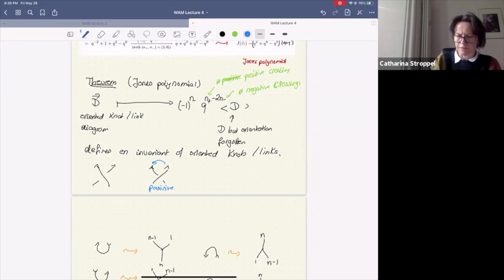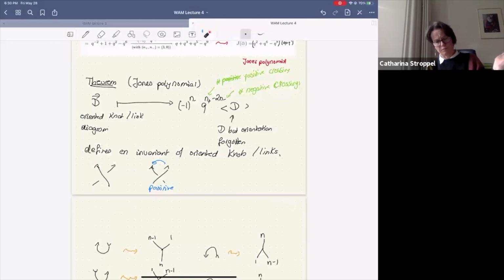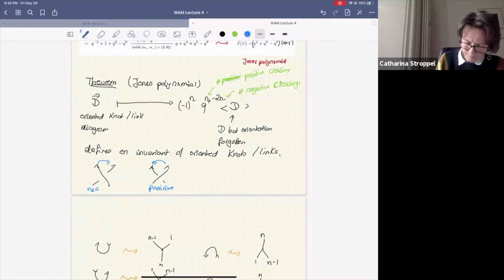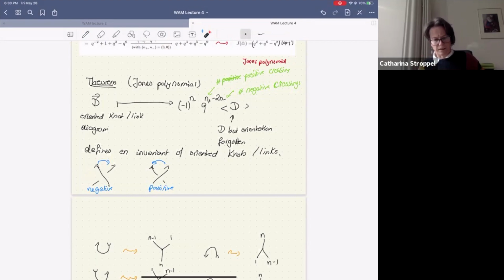And then for the other one, I take the top strand and move it over to the other one. This would be the negative direction. And of course, you should not move it down there because then the orientation doesn't fit. So you have to move it so that it fits with the orientation. So this is positive and negative, and you can just count for this guy how many you have.